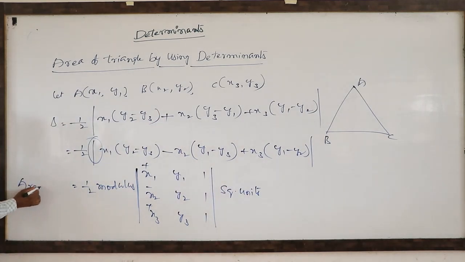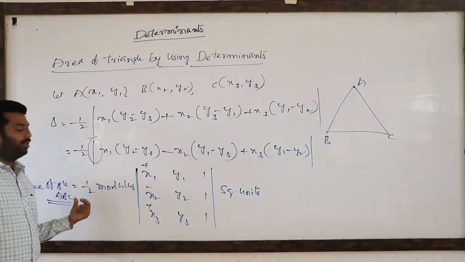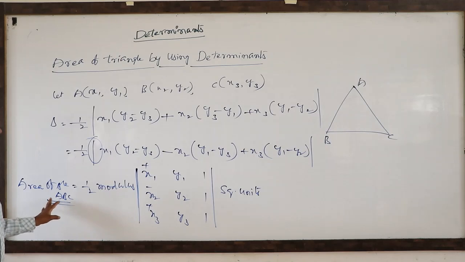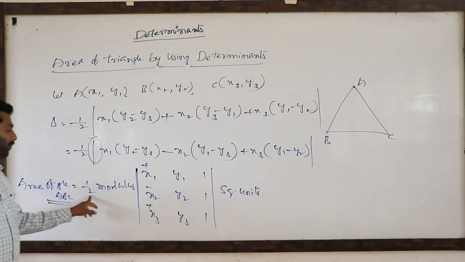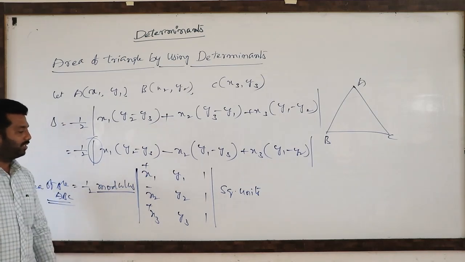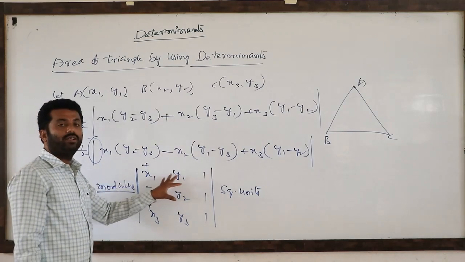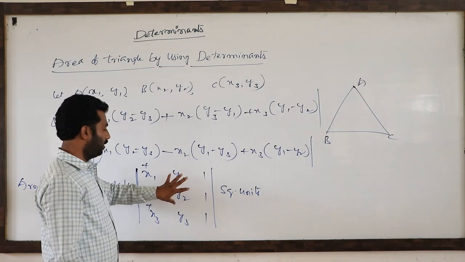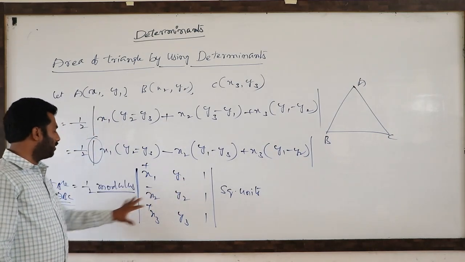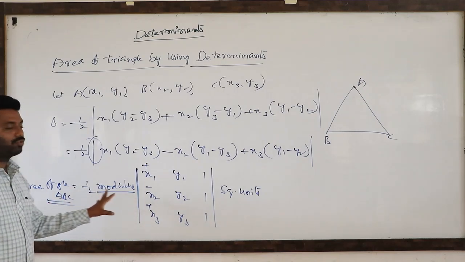Whenever three vertices are given, by using determinants, the area of the triangle ABC is half into modulus, compulsory. Why we write modulus: sometimes this determinant may be negative, and the area of a triangle must always be positive.